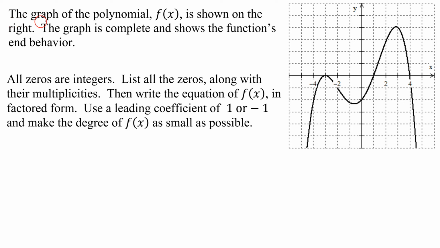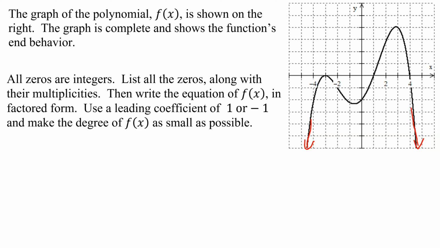In this problem, the graph of the polynomial f of x is shown on the right. So here is the graph of my polynomial. The graph is complete and shows the function's end behavior. Looking at the end behavior of the function, both ends point down.